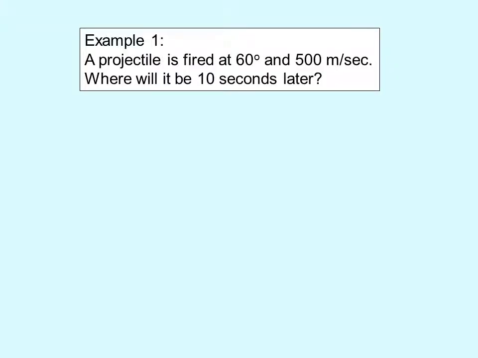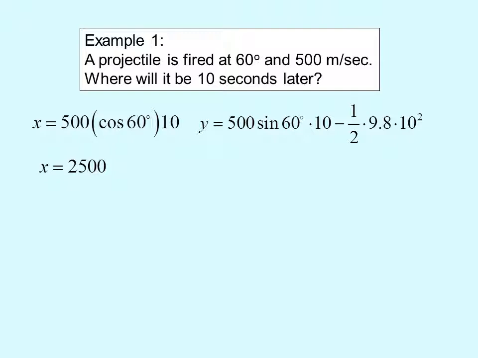Example 1. A projectile is fired at 60 degrees and 500 meters per second. Where will it be 10 seconds later? x equals 500 times the cosine of 60 degrees times 10, or 2,500. y equals 500 times the sine of 60 degrees times 10 minus 1/2 times 9.8 times 10 squared, or 3,840.13.